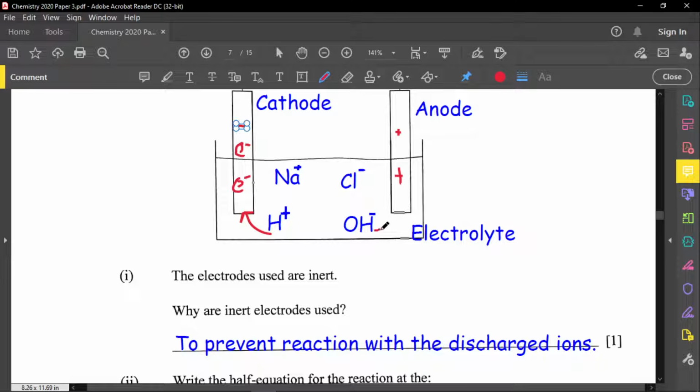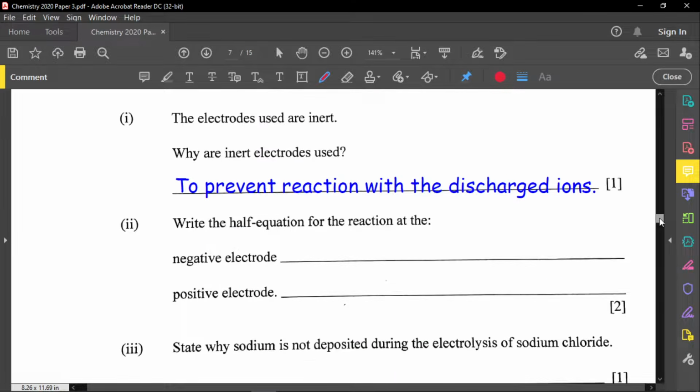Likewise, the hydroxide ion will go preferentially over chlorine and discharge its electrons. So hydrogen will gain electrons, and the hydroxide ion will deposit electrons, and that's why you also give off oxygen gas.